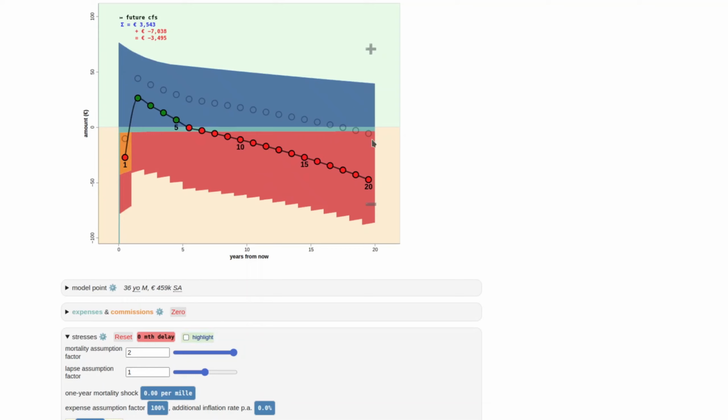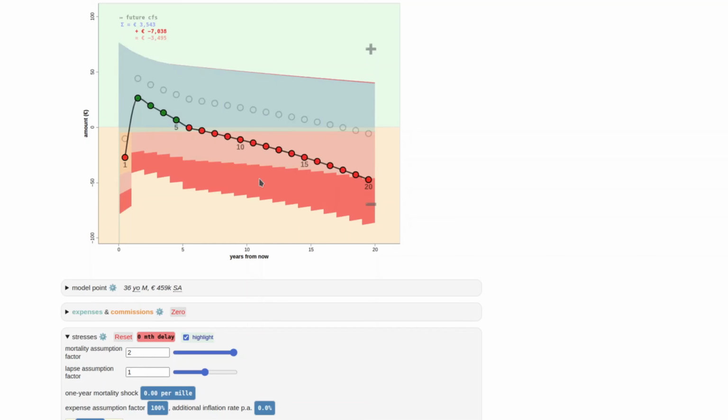But for reference, we have these old summary dots shown like little ghosts, so we can interpret how our stress has changed our cash flows. And we understand a lot about numbers through comparison and reference, so we can also highlight here the cash flow impact of our stress.